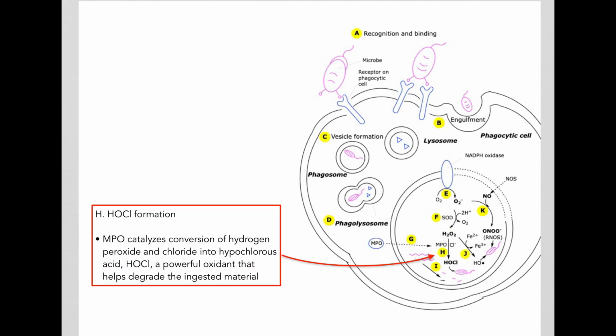Now MPO will then catalyze the reaction of hydrogen peroxide with chloride, and that will lead to the formation of hypochlorous acid, HOCl. This is a very powerful oxidant, and this HOCl will help degrade the bacteria or whatever has been engulfed, whether it's cellular debris or some sort of microbe, which will start breaking down because of this very powerful HOCl.